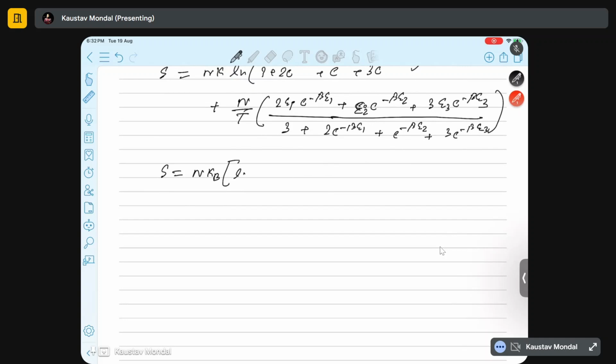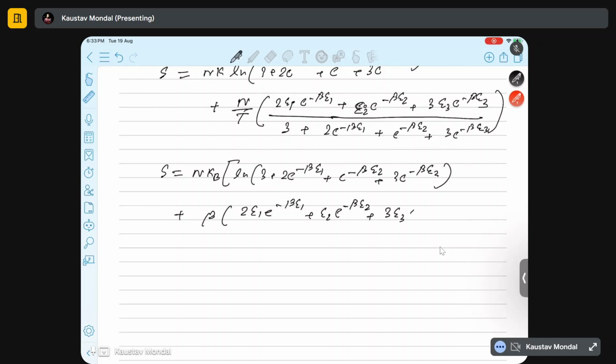So ln of 3 plus 2 e to the power minus beta epsilon 1 plus e to the power minus beta epsilon 2 plus 3 into e to the power minus beta epsilon 3, plus beta into epsilon 1 e to the power minus beta epsilon 1 plus epsilon 2 e to the power minus beta epsilon 2 plus 3 epsilon 3 e to the power minus beta epsilon 3.